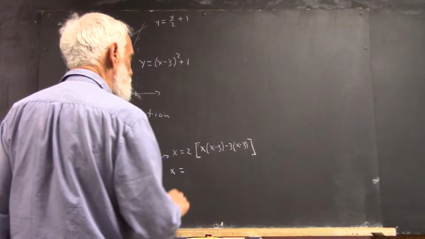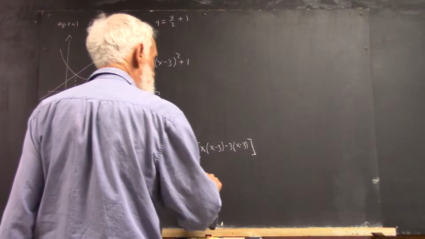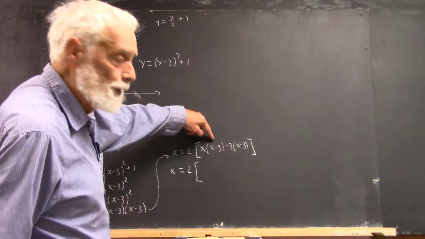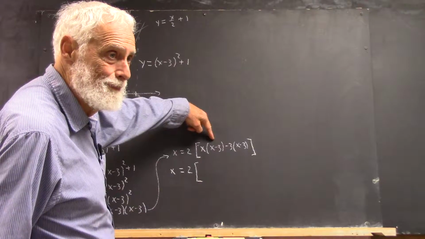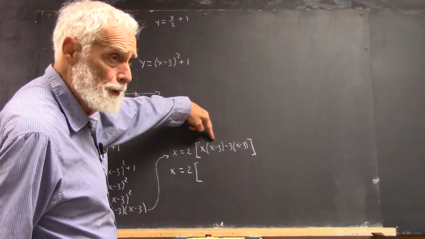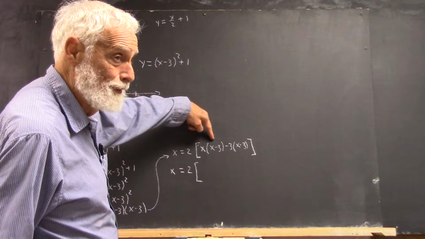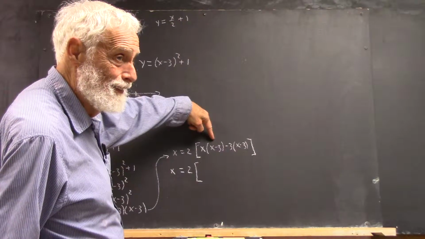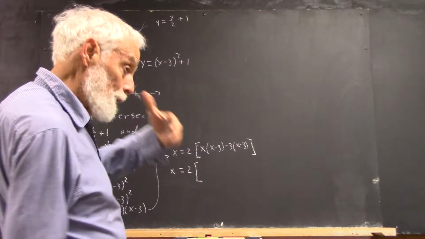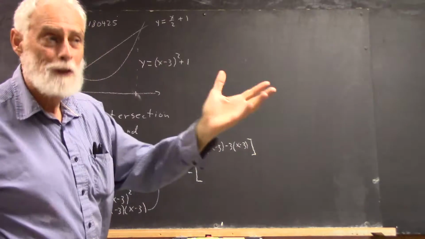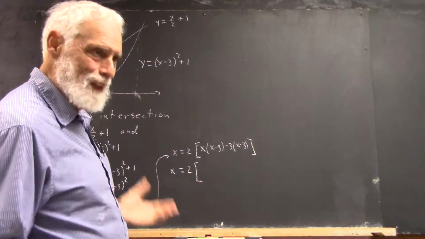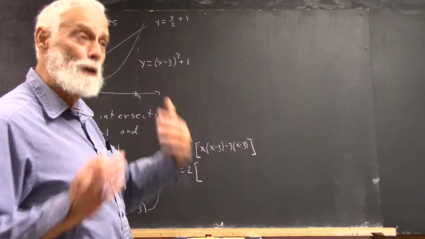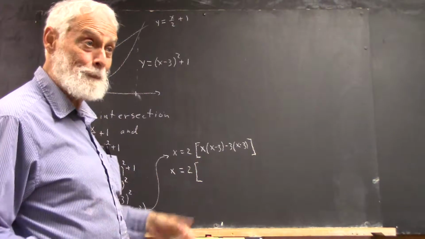And now x equals 2 times what? Well, what's x times x minus 3? X squared. X squared? Anything else? Oh, minus 3x. Yeah. Now we're going to use the distributive law. I mean, you just did, but I don't know if you did that by superstition or by thinking that you were using the distributive law. Okay?